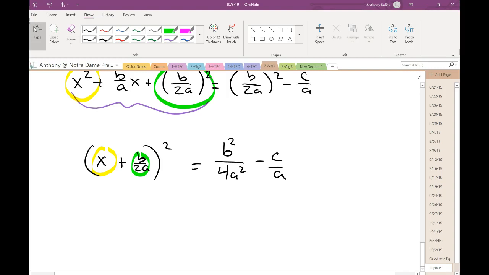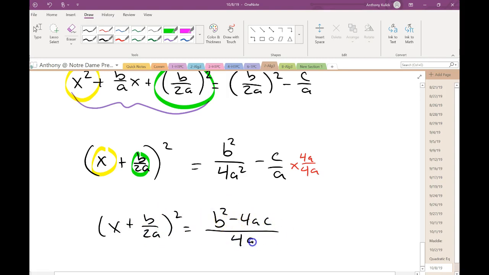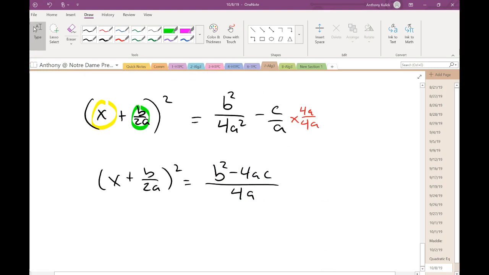What I'm going to do now is combine the like terms on the right-hand side. To combine the terms there, I need to have a common denominator. The common denominator between 4a squared and a is just going to be 4a squared. So I need to multiply c over a by 4a over 4a. That allows me to write that as a single fraction. And now to solve, I'm just going to square root both sides.